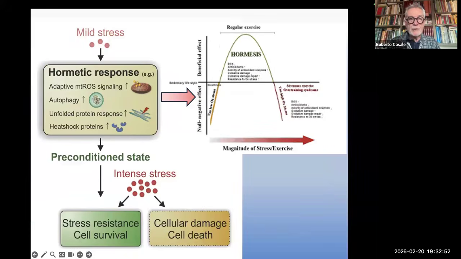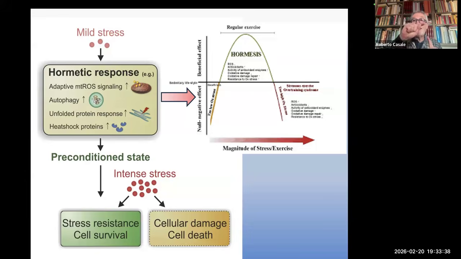So why are we talking about low-level oxygen ozone in autohemotherapy? Because we have to induce a mild stress, because oxygen ozone is like exercise, which is the right part of the slide. If you do a very weak exercise, you don't train and you don't increase your energy level.